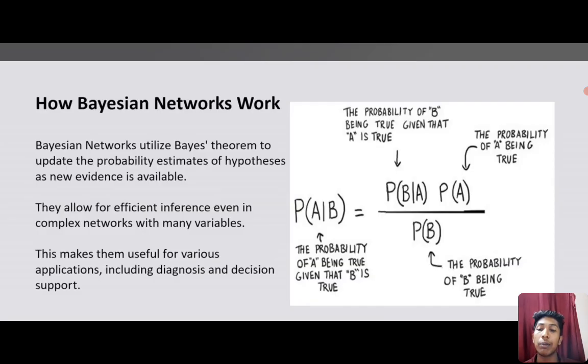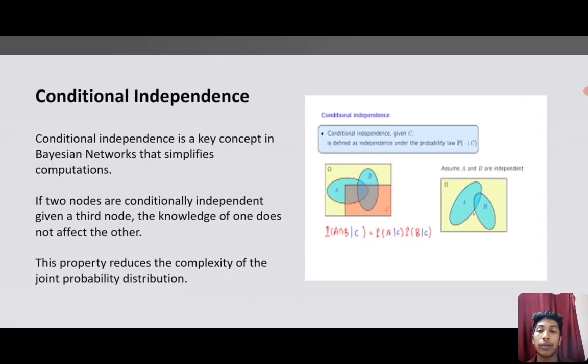This makes them useful for various applications including diagnosis and decision support. P(A|B) equals P(B|A) into P(A) by P(B). This is the Bayesian network formula.